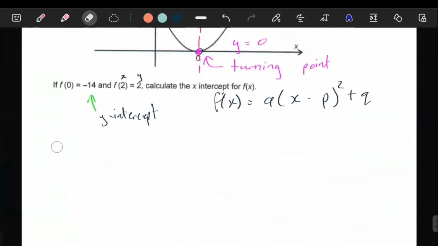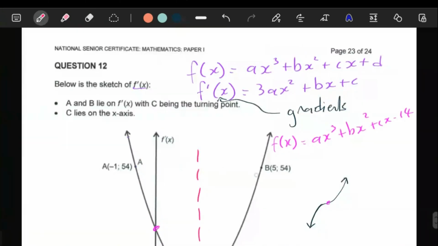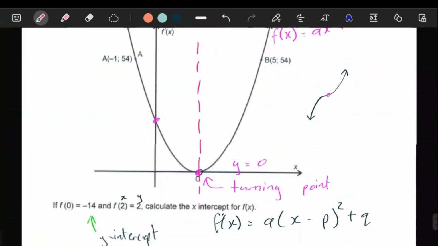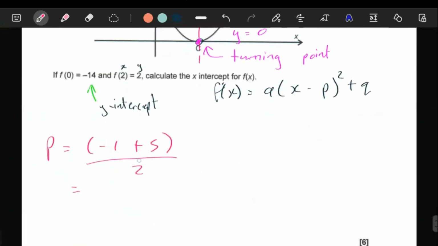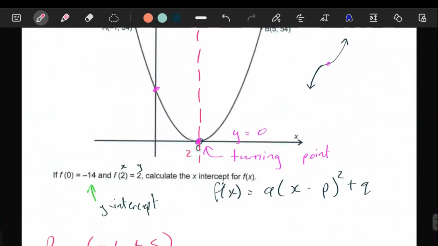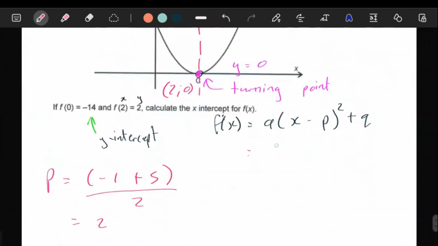You want the x value between -1 and 5 because a parabola is symmetrical. So this is (-1 + 5)/2, which is 2. The x value here is 2, the y value is 0. So the equation of the first derivative is a(x - 2) squared.